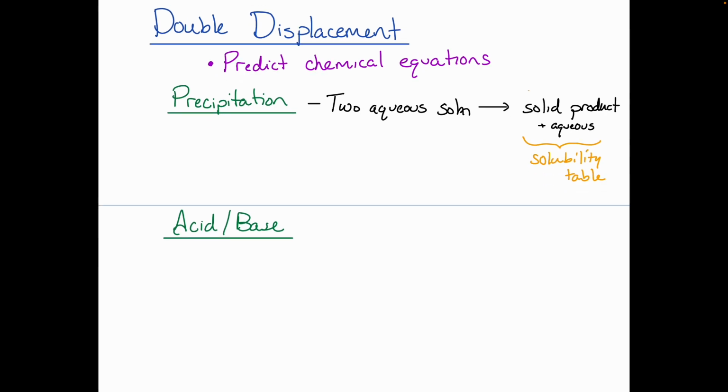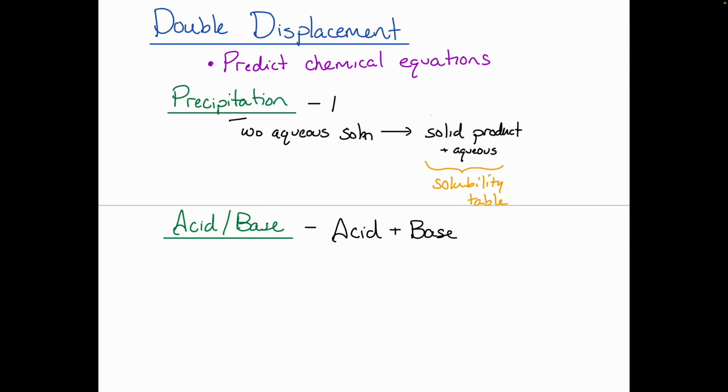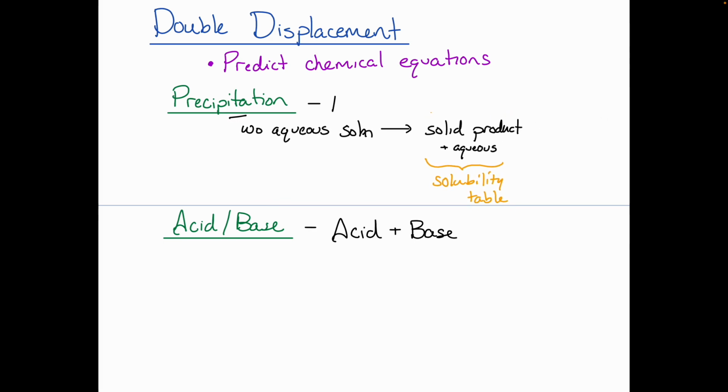All right, acid-base reactions are also mixing two aqueous solutions, but they're special aqueous solutions. One of them is considered an acid, the other one is a base, and an acid plus a base will give us what product? A salt and water, awesome.